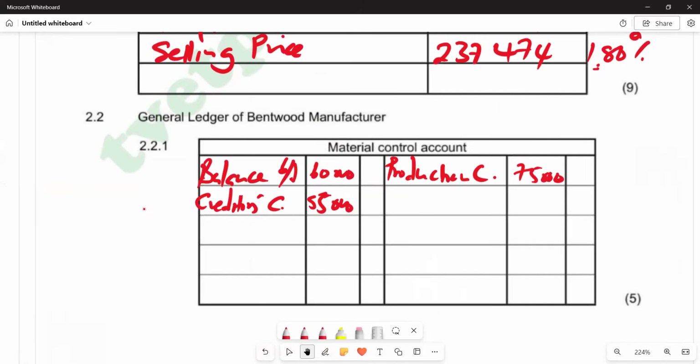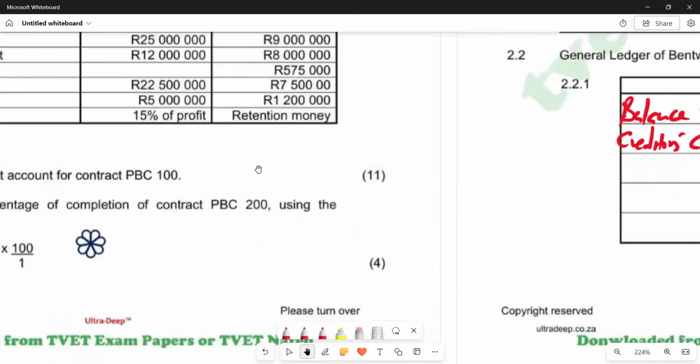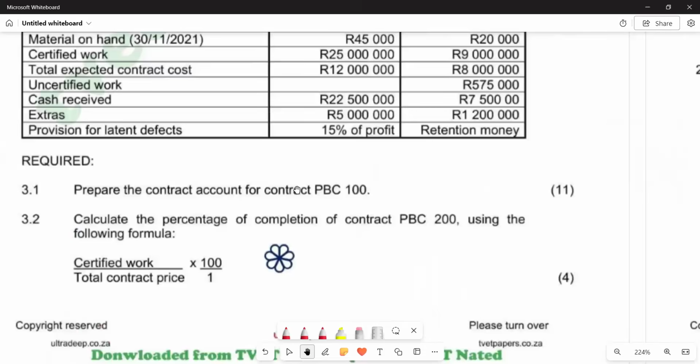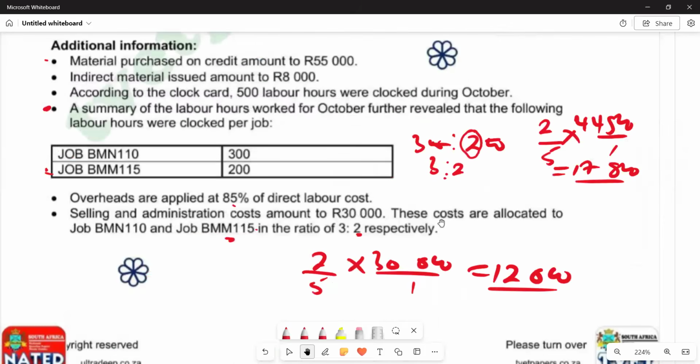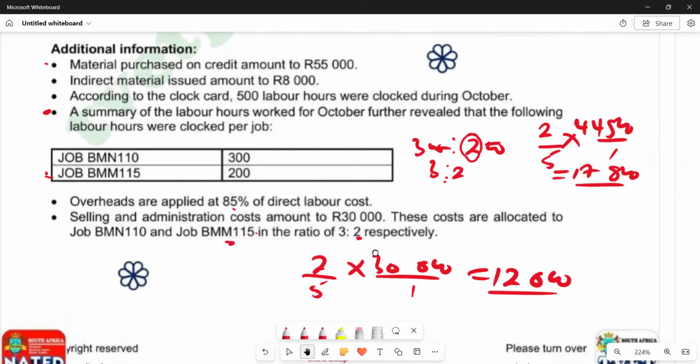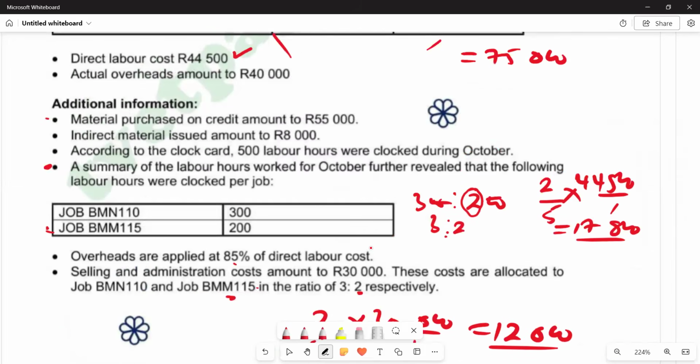And then we can look for other information that is affecting this. If you come here, you'd see that the second point is saying indirect material issued amounted to 8,000. It's issued again, so we are going to credit the material control.